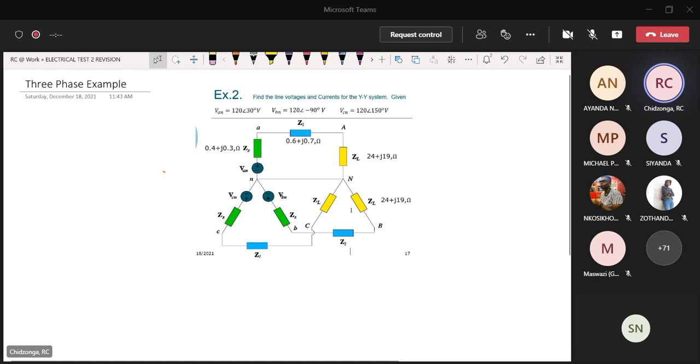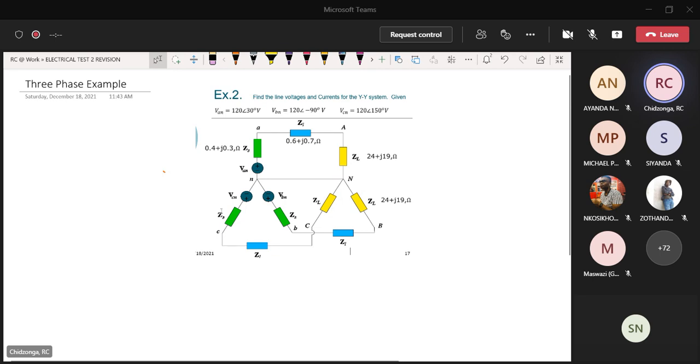If you look on the lines, you'll see that the line has got its own impedance, the blue one, which is 0.6 + j0.7. And then you come to the source. In each phase, the source has got its own internal impedance, which is 0.4 + j0.3. And it is the same in every other phase.